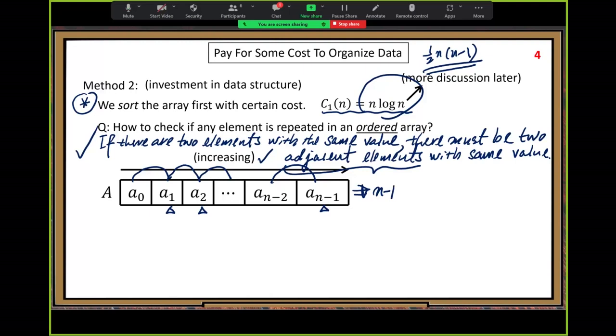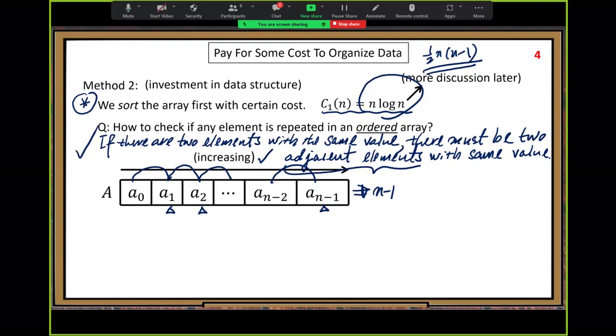Adjacent pairs, you only compare adjacent pairs. Not global pairs. In our first algorithm, the brute force, we needed to compare the global pairs, right?